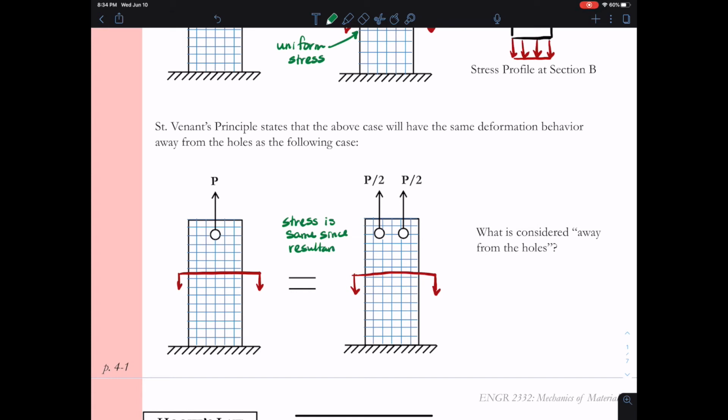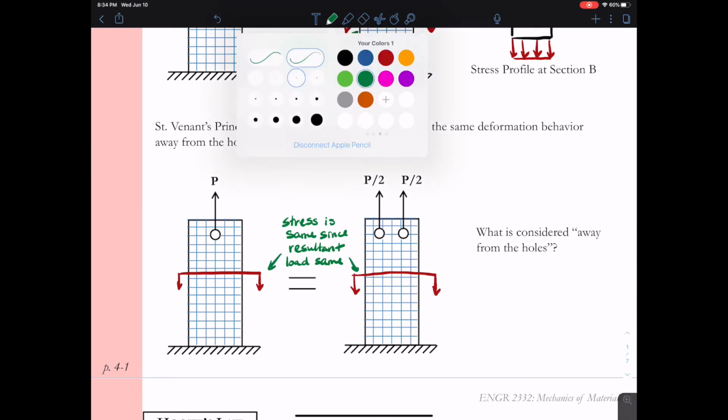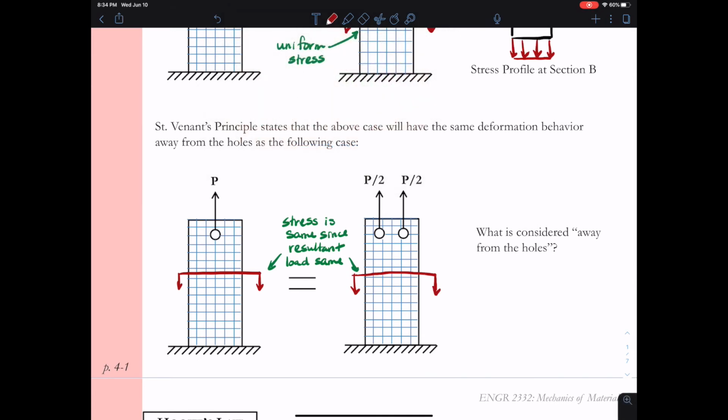And that's just because P over 2 plus P over 2 gives us P, and we would say that both of these bars would deform the same amount. So if we were looking at a number and we wanted to determine how much they would deflect, we're saying because they have the same resultant force, they will deflect the same amount.